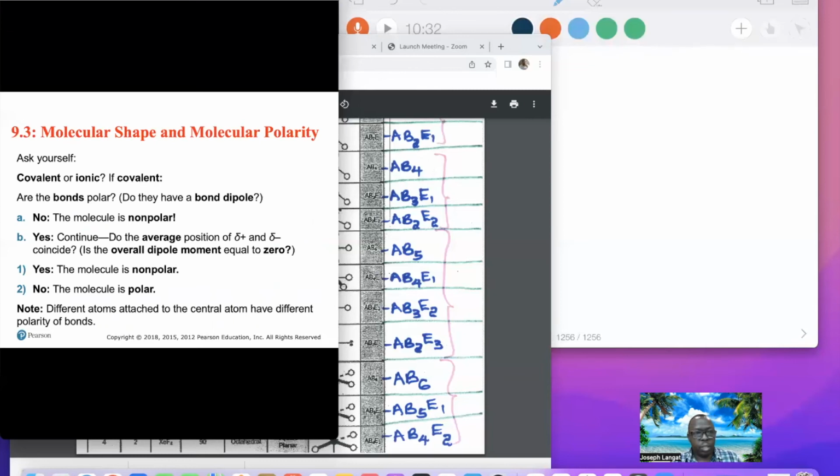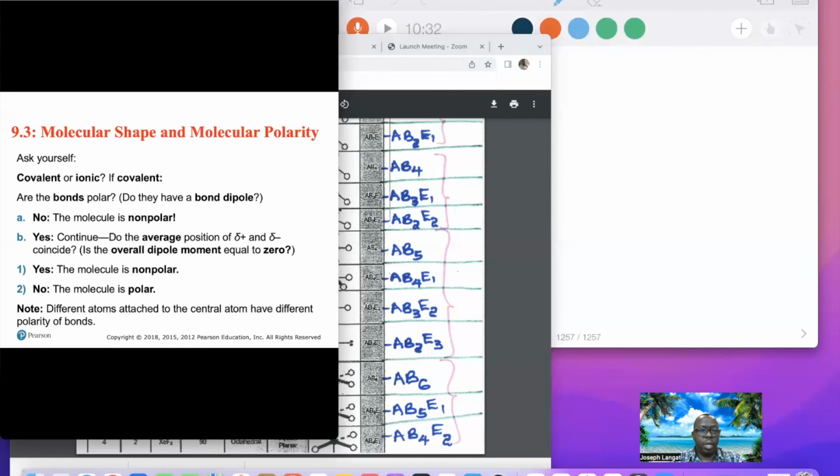Let's look at the molecular shape and molecular polarity. In describing molecular polarity, what do we mean by polar? If there are polar bonds in a molecule, it does not mean that the molecule is polar.